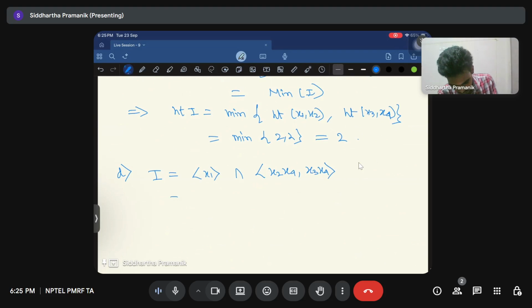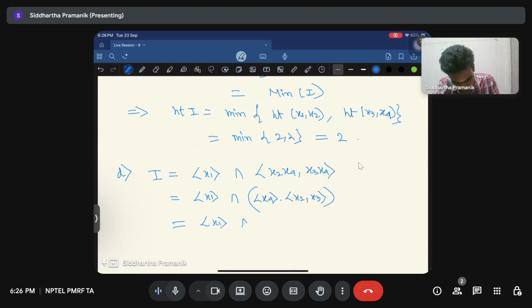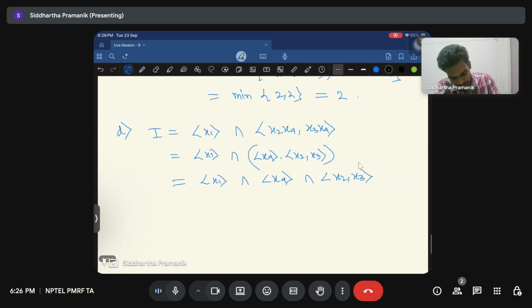We can write it as the ideal generated by x1 intersect with the ideal generated by x4 times the ideal generated by x2 comma x3, this product. Again, these ideals are co-prime, so the intersection will be the same as the product. So this is the same as the ideal generated by x4 intersection the ideal generated by x2, x3, and this is clearly a primary decomposition.